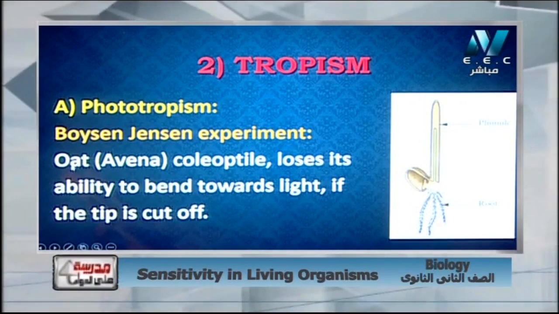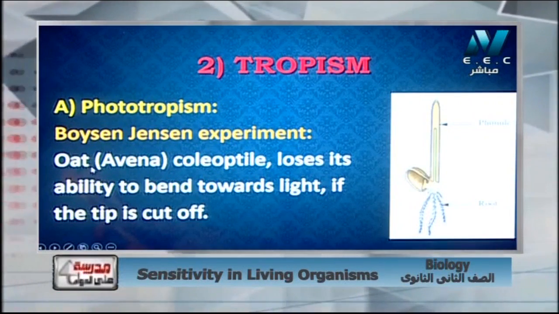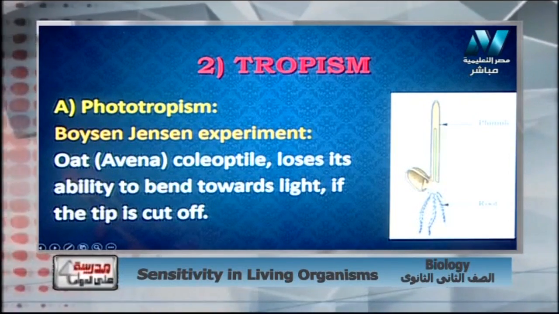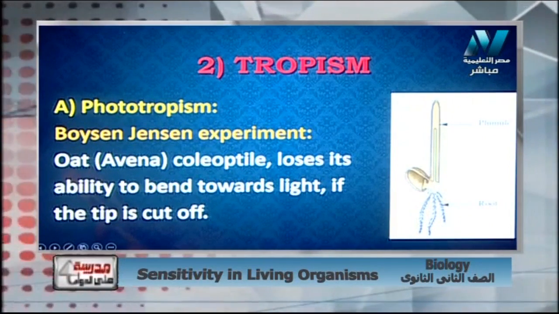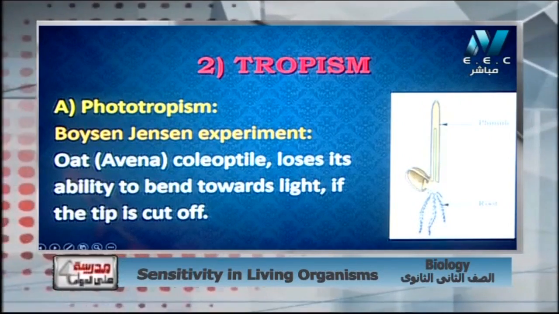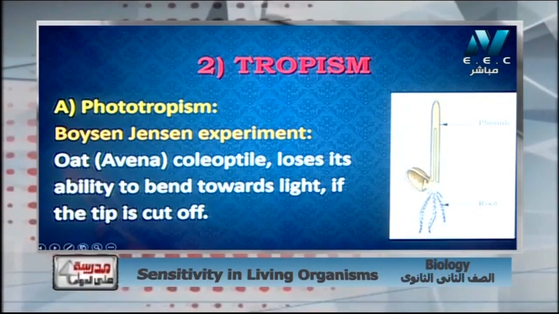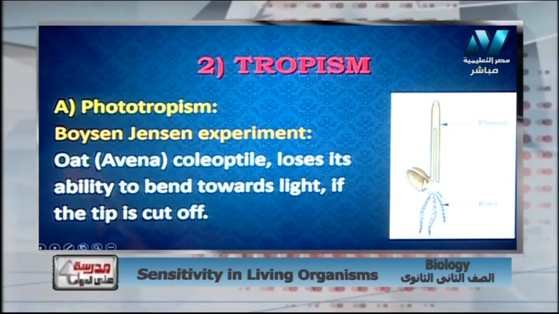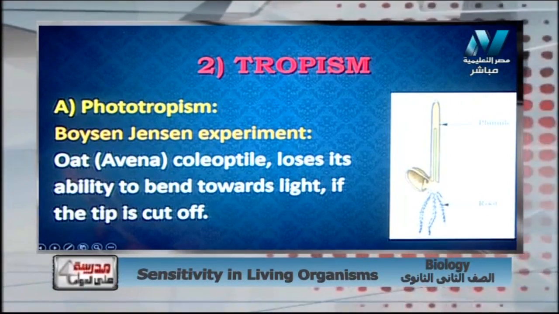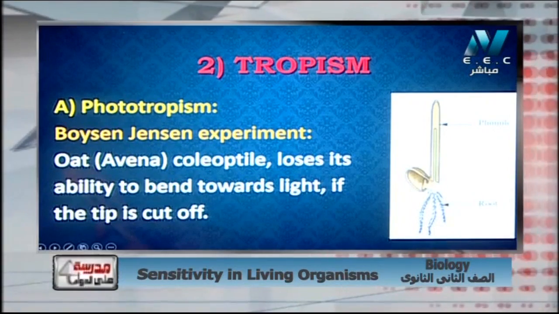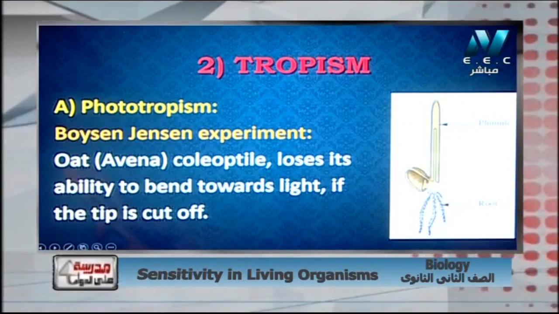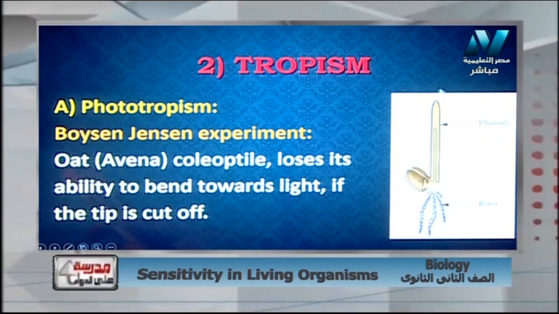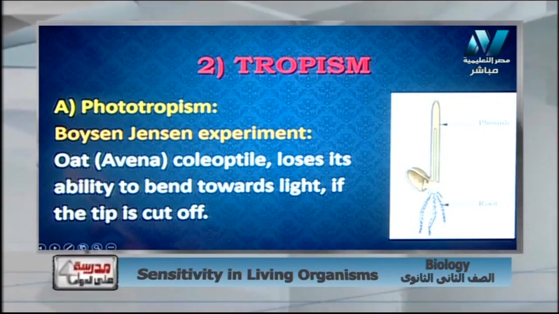He used a plant called oat plant or avena, and when he grew the seeds, as you see in the picture, the root grows vertically downwards and the stem grows vertically upwards. The first part of the stem is called the plumule and grows upwards like this. This occurs when the light is equally distributed around the plant.